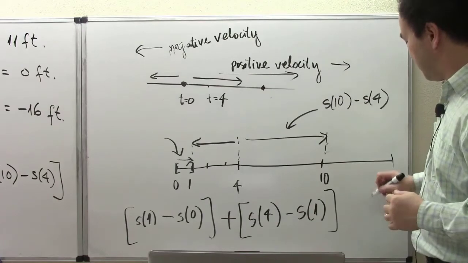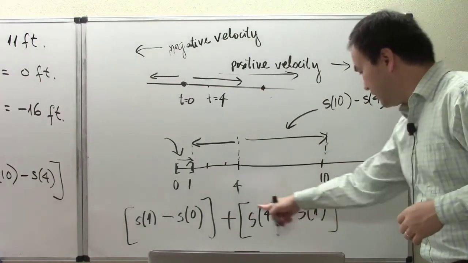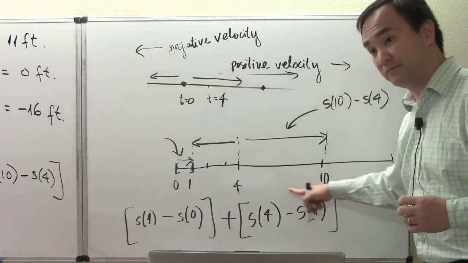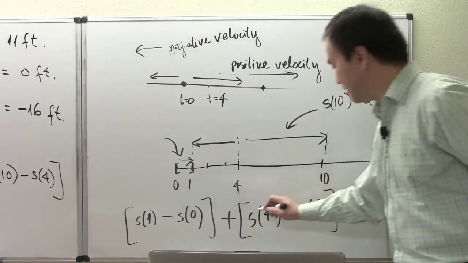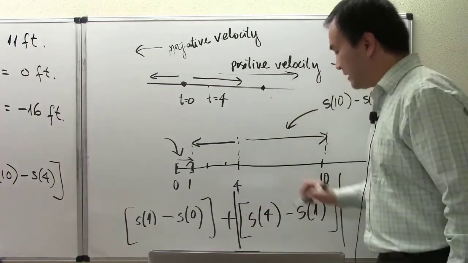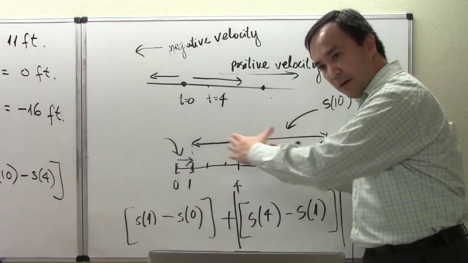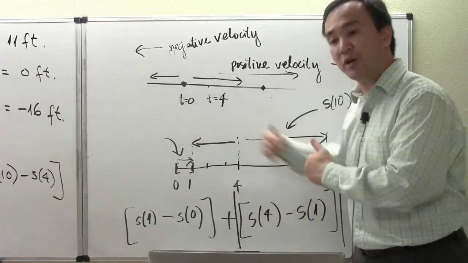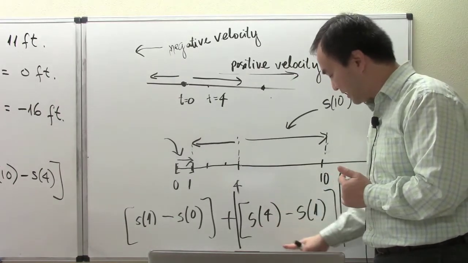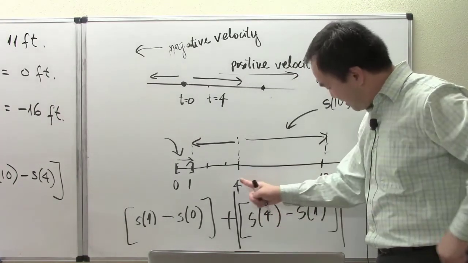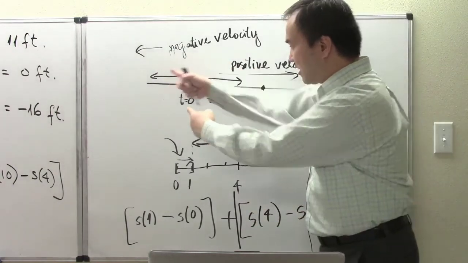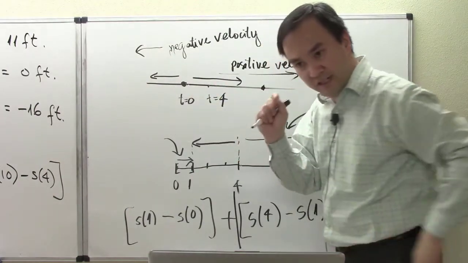This interval of time gives us a negative difference, but we need to take the absolute value, because distance is always positive. It's negative only because we're going backwards, but it's still making physical distance, and distance cannot be negative.